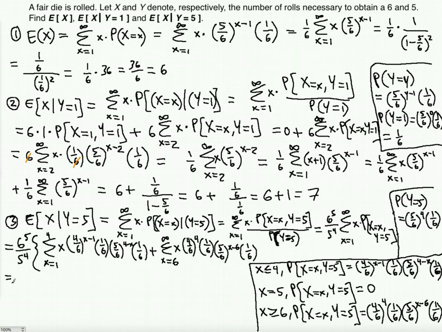But basically, what you're going to have is this. So I'm going to simplify, get rid of these two 6s. I would have this: 6 to the 3, 5 to the 4.